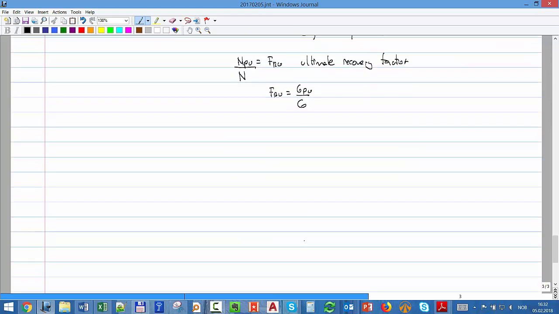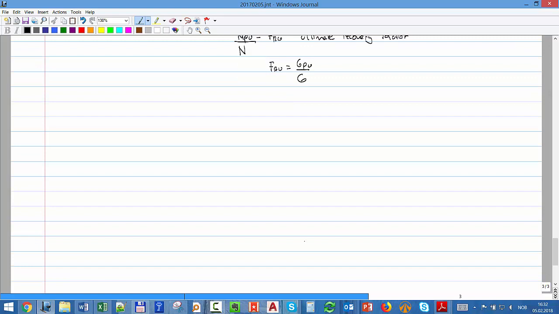Okay, and for that we are going to use a very simple calculation. So the parameters that we are going to use in a formula. It will be NPU, or also called total recoverable reserves, right? And that will be equal to the total rock volume that we have.